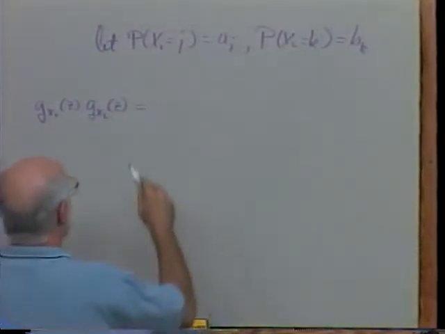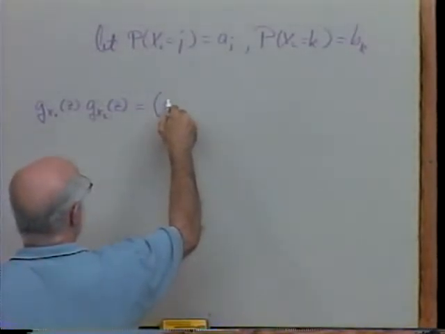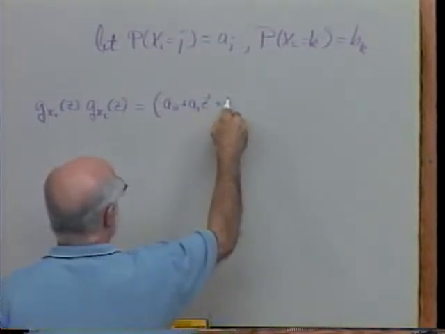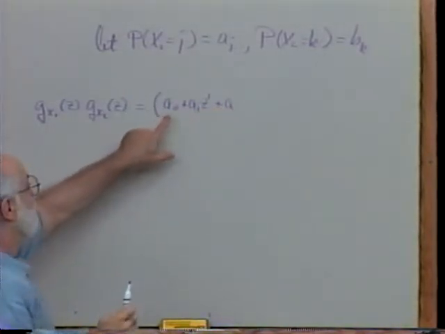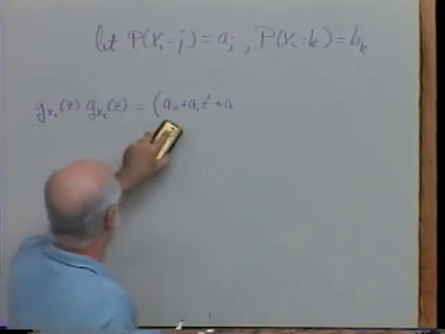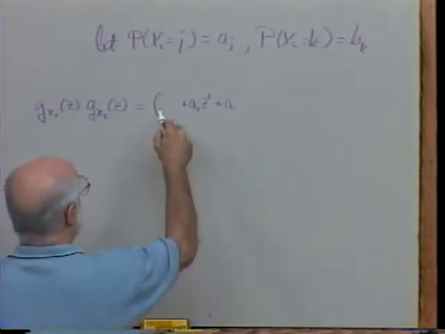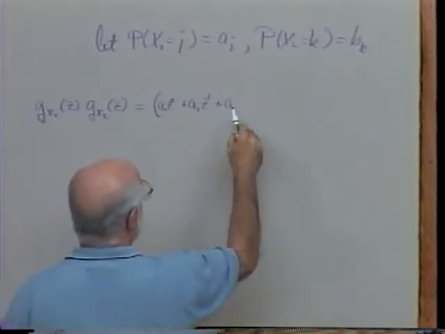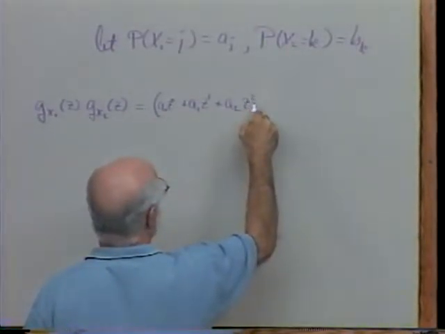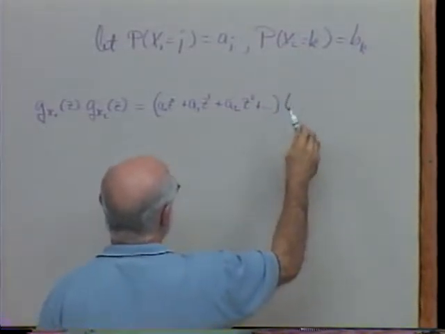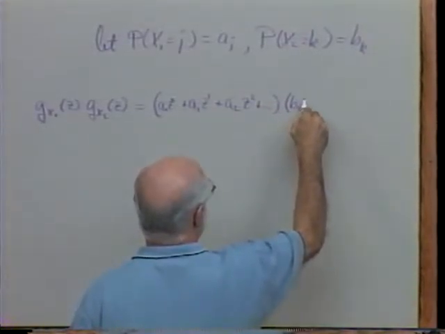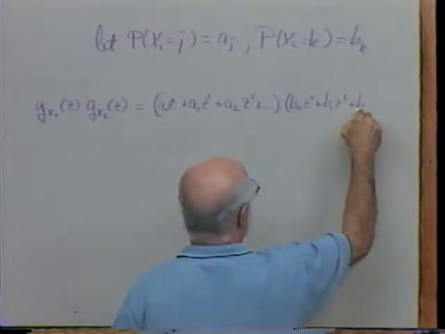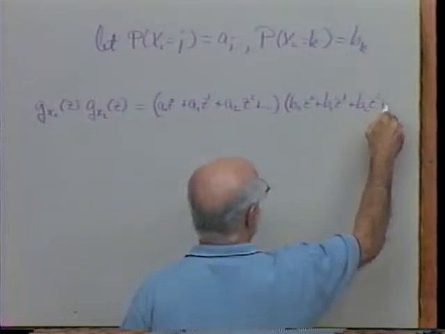So if I were to write everything out, the generating function for x1 is a0 plus a1 z to the 1. Maybe I could recognize this as a0 z to the 0. I think I'll write it that way: a0 z to the 0 plus a1 z to the 1 plus a2 z to the 2 and so forth, times b0 z to the 0 plus b1 z to the 1 plus b2 z to the 2 and so on.